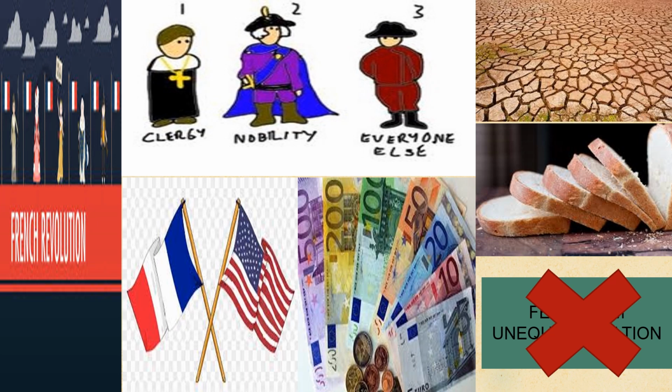And then because of that unequal vote, nakarealize si third estate that is nonsense, because the representation of each estate is not equal, because again, clergy and nobility comprise 2% of the population, while the third estate comprise 98%.